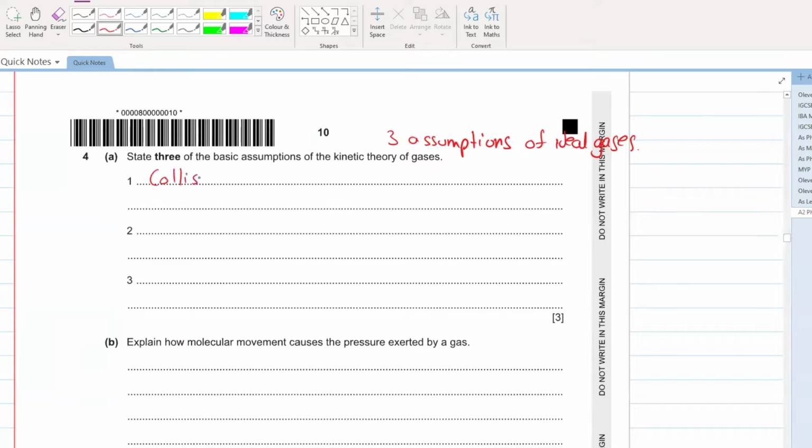Very good. What will be your second assumption? Negligible intermolecular forces. You can write this as well. Write all the easy ones, beta, you don't need to write the difficult ones here.